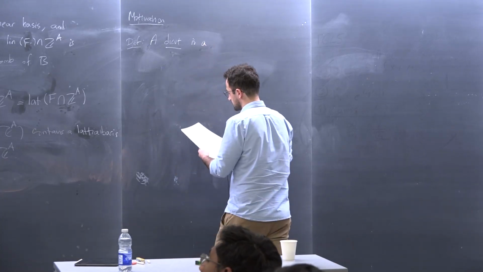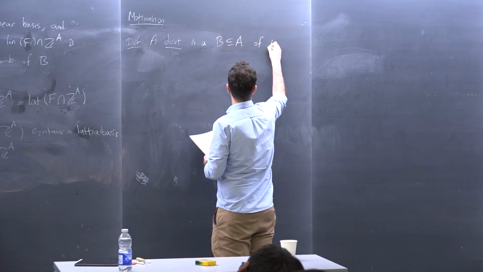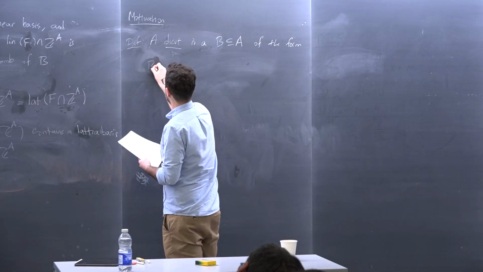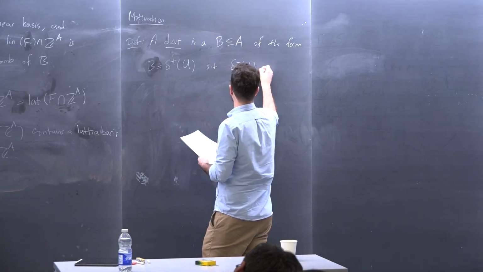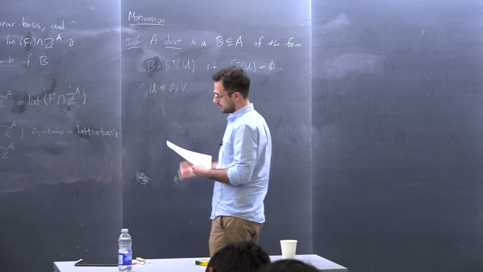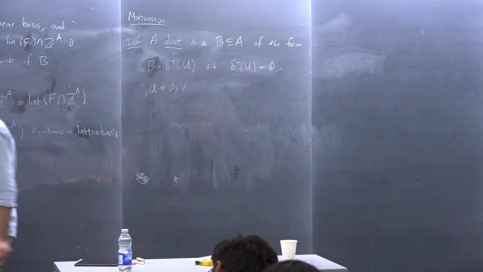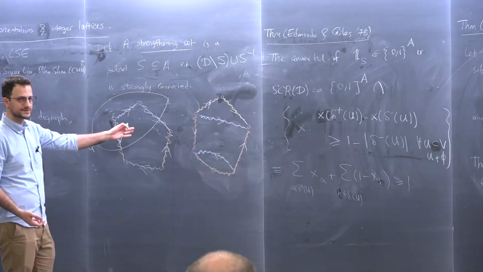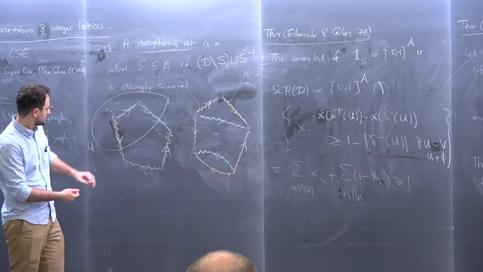A dicut is a subset of the arcs of the form delta plus U, such that delta minus U is empty. Here I'm assuming U is not the empty set or V. If you look at this example over here, this thing is not strongly connected.